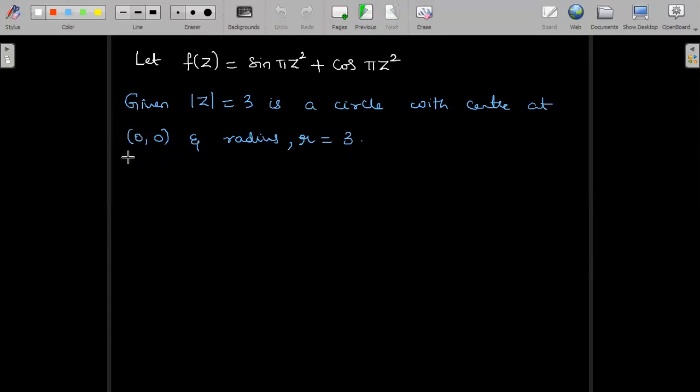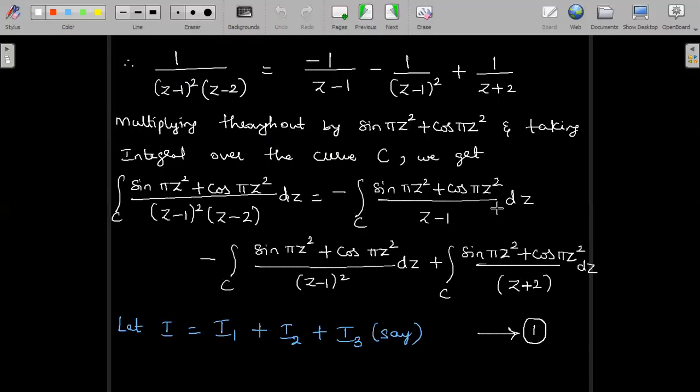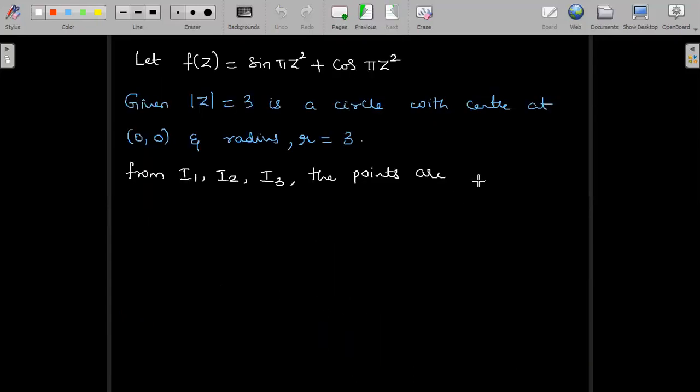So let me mention the same thing for you. The points from I1, I2, I3: z minus a, so a is equal to 1, hence the point is 1, 0. Here P2 also is 1, 0.